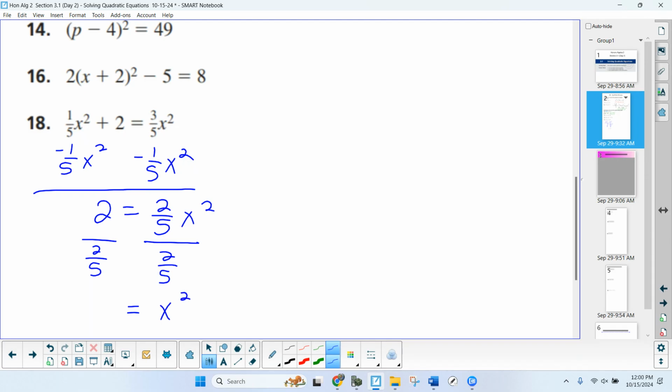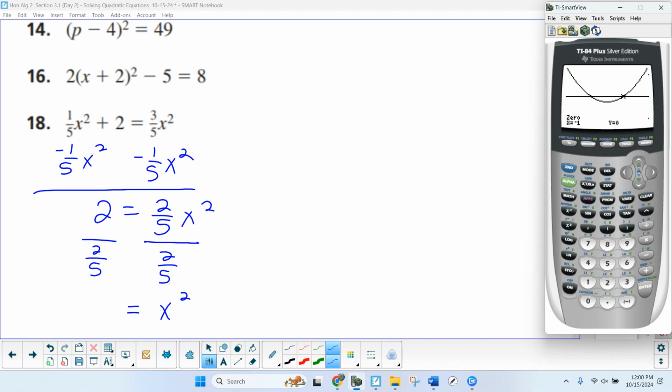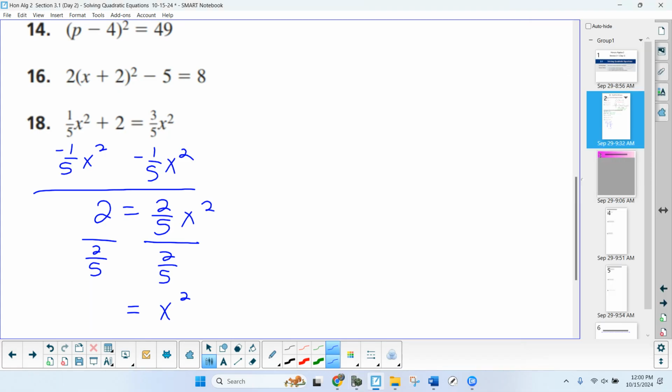0.2. 2 divided by 2/5. Try it again. If you're using a calculator, I do this in my head, but 2 divided by 2/5. You did times.